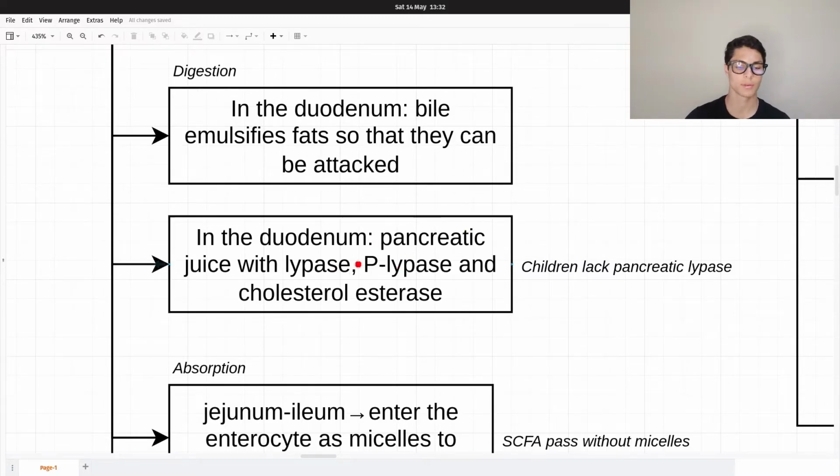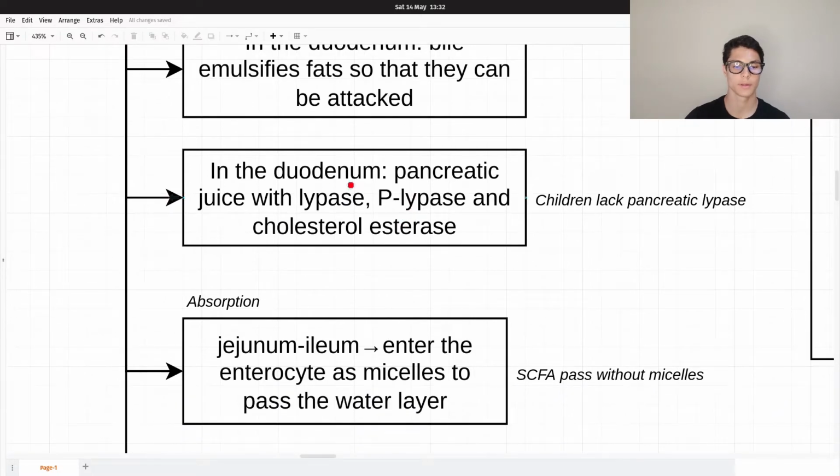This is a problem because many important fat-soluble vitamins cannot be absorbed, and that will lead to severe problems in children. But they have other lipases such as the soluble lipase, the stomach lipase, and the intestinal lipase to counter that lack of the pancreatic one.